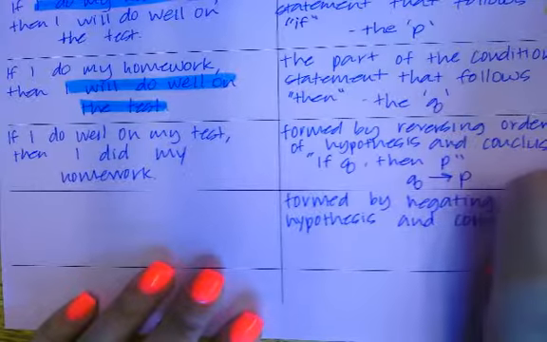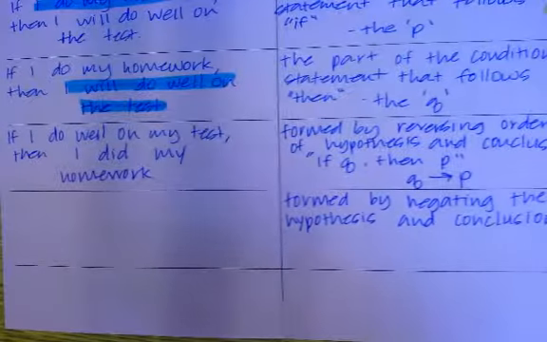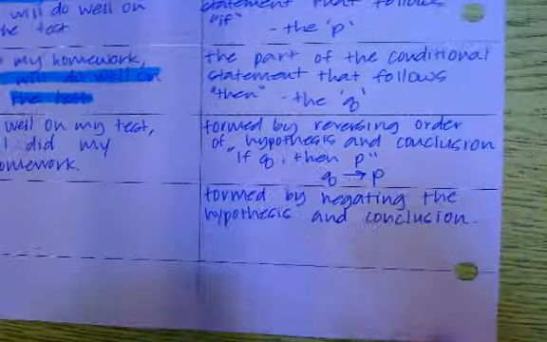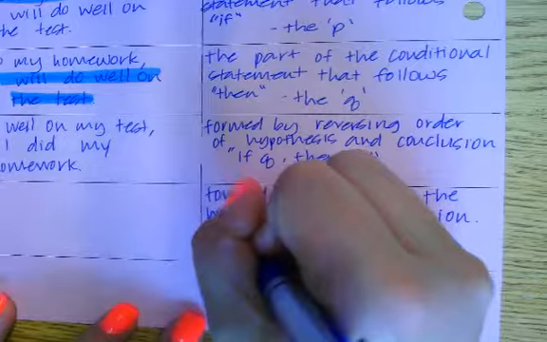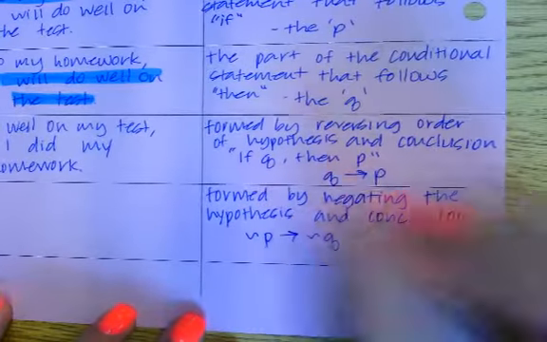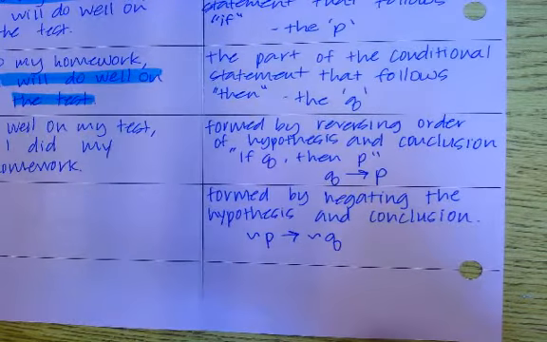What does it mean to negate something? What does it sound or spell like? Negative. So we're making it negative. That looks like not P, then not Q. Those little squiggles are not literally the word not.